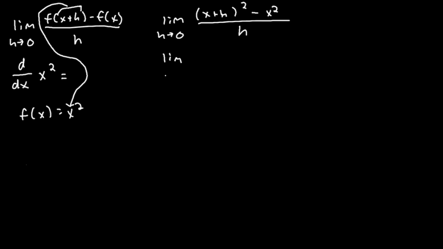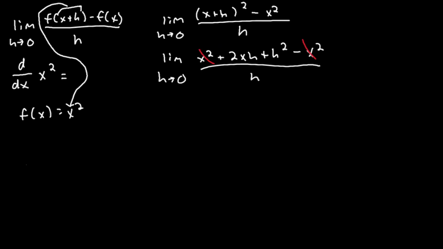Well, we can expand your (x plus h) squared to get x squared plus 2xh plus h squared, minus x squared, over h. Well, the x squareds cancel out since they subtract from each other.